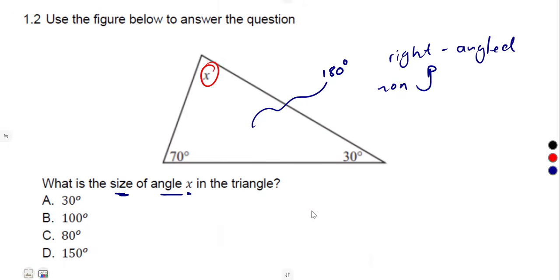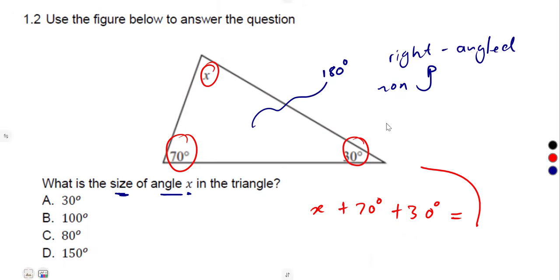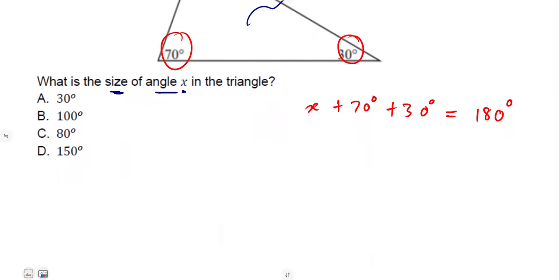That is angle X. If we add this one to 70 degrees and also to 30 degrees, we are supposed to obtain the sum of 180 degrees, angles in a triangle. So let us quickly combine what we have on the left hand side so that we can solve.